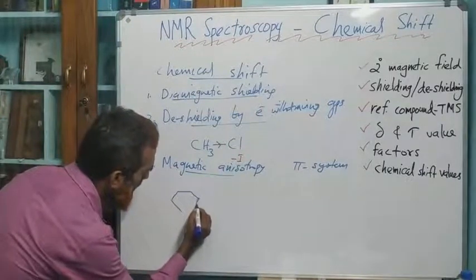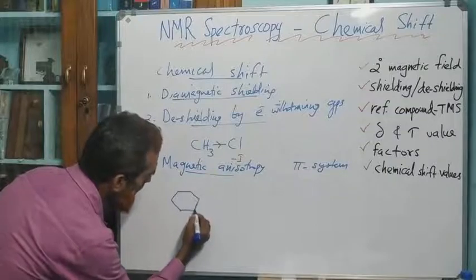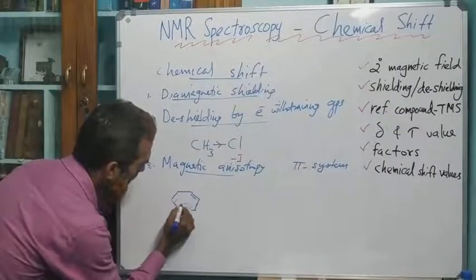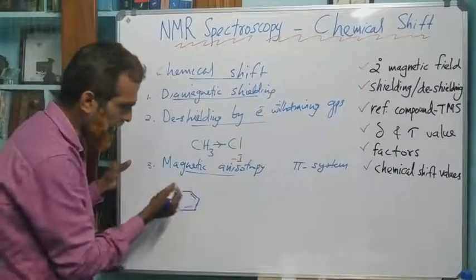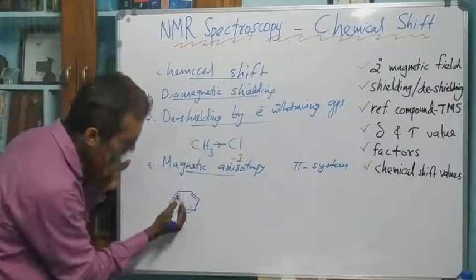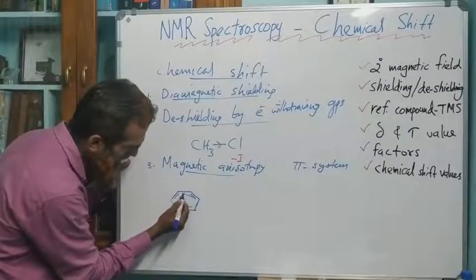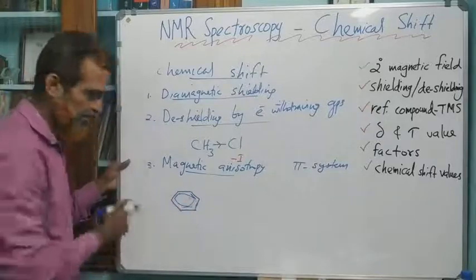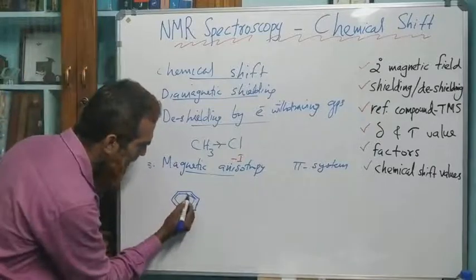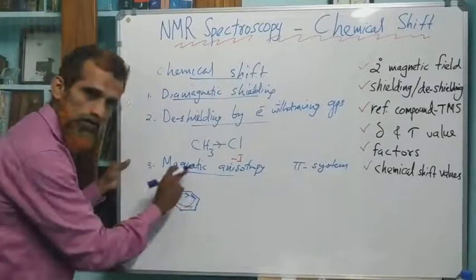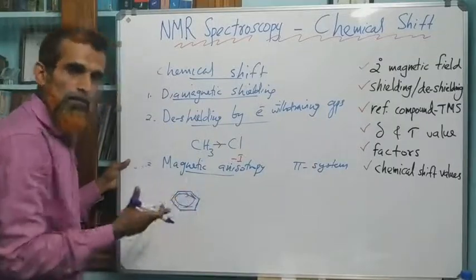In benzene, you know that there are alternate pi bonds and there is complete cyclic conjugation, and due to this the pi electron density appears as a ring. So there is a circulating pi electron above and below the plane of the ring.